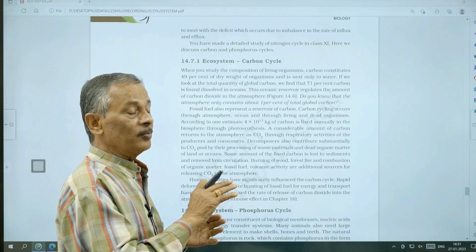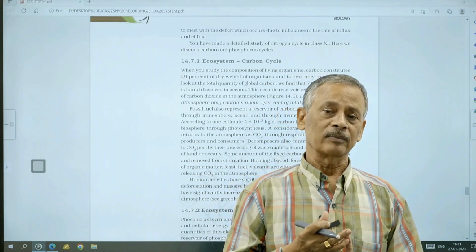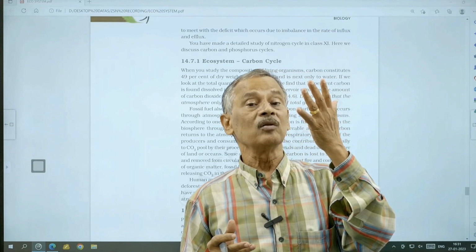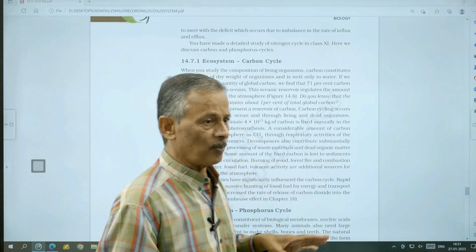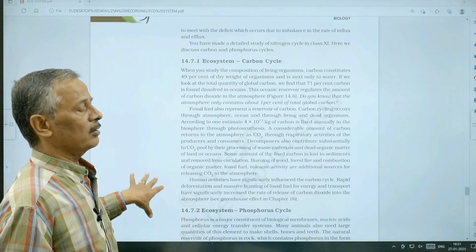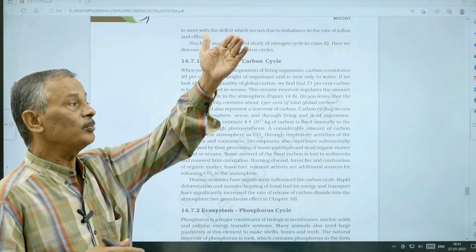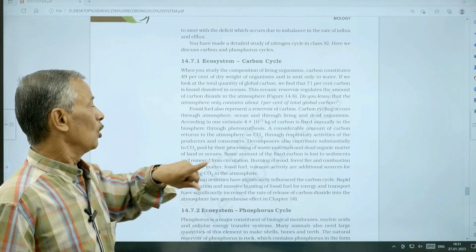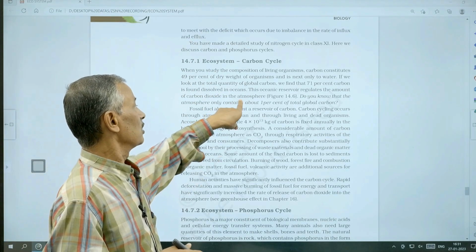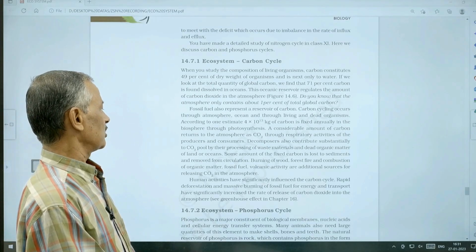At the same time, we are releasing more and more carbon dioxide to atmosphere. How? By burning fossil fuels, coal, petroleum, etc. So automobiles, factories, etc. are causing more and more rapid release of carbon dioxide. At the same time, carbon dioxide intake is very much reduced. So carbon cycle is very much disturbed, affected by human activities.